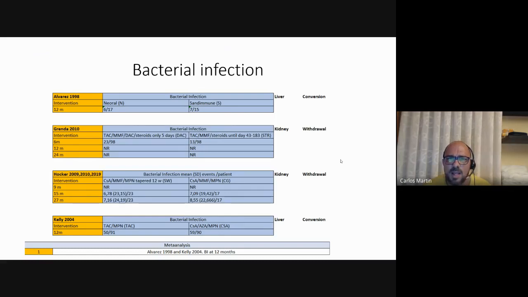But for example, Hawker, in the 2 randomized controlled trials and the last paper, which is not a randomized controlled trial, they give a mean number of events per patient, which cannot be meta-analyzed straightforwardly. So probably we need to decide if we want to transform these figures into cases or whatever.